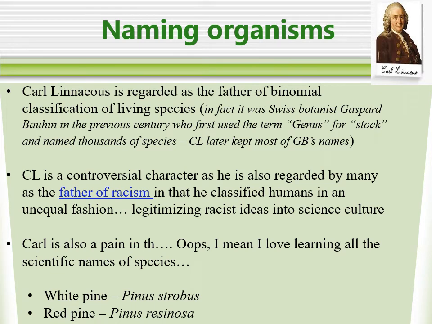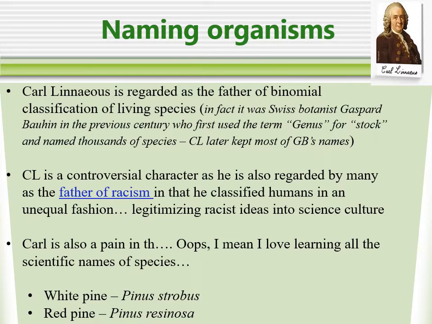Interesting: Carl Linnaeus has traditionally been regarded as the father of what we call binomial classification, the classic way we name species. In more recent years, historians have been a bit more accurate.